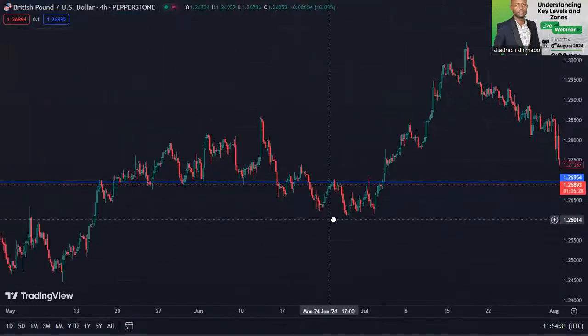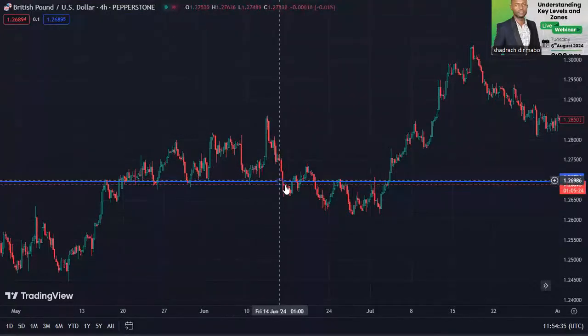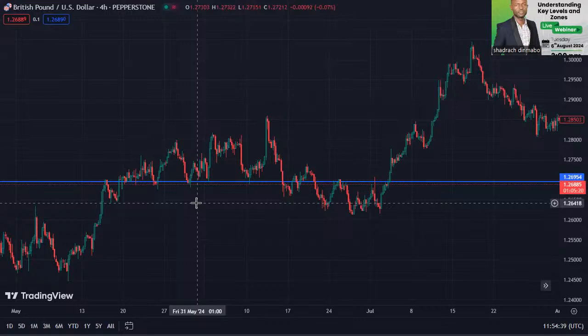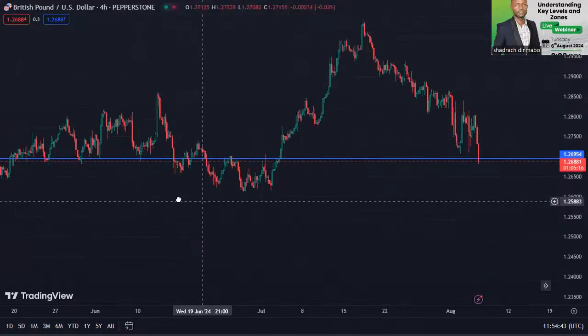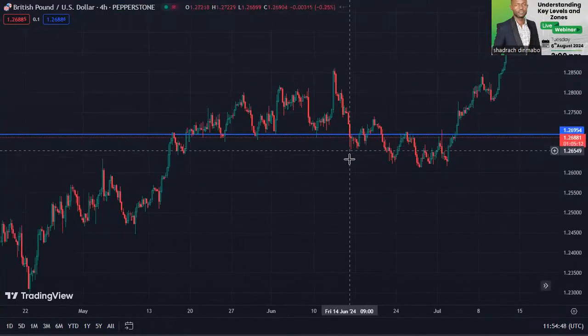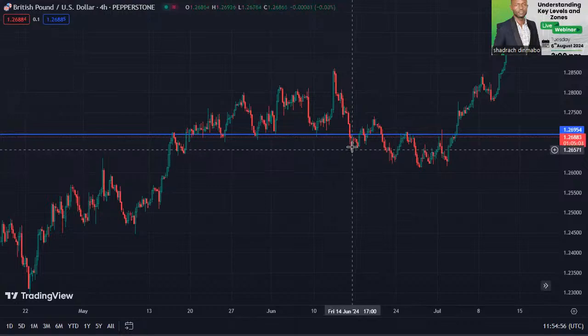Why did I say so? Because the market came here, reacted, you can see, reacted. So here we're trying to get a zone that has acted as both a support level and a resistant level. Okay, so let's see that zone.